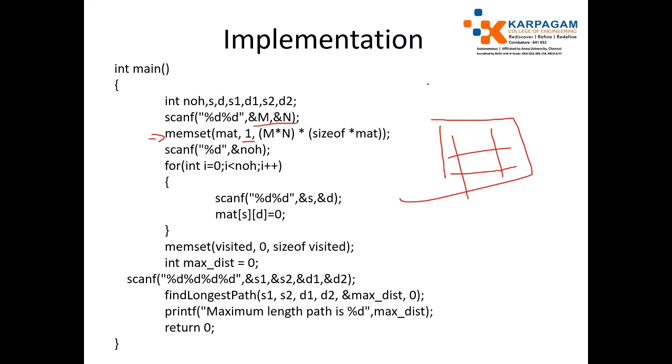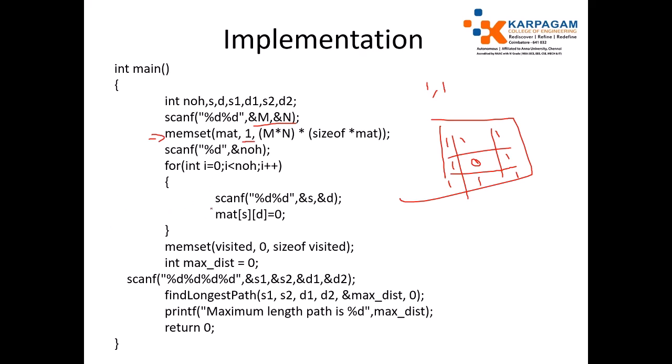I wish to set 1 comma 1 to 0. As per my code, all are set as 1. Now I set 1 comma 1 to 0. This is a hurdle, so there is no path if I choose 1 comma 1. So that is set here.